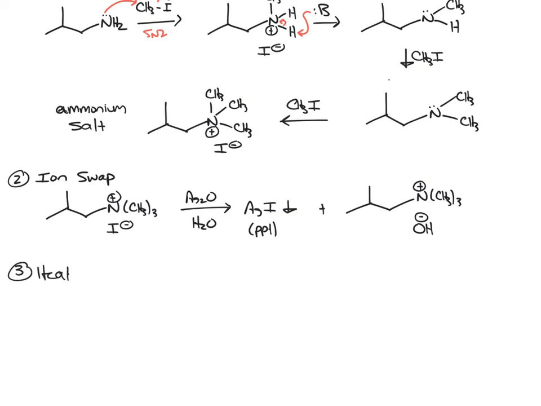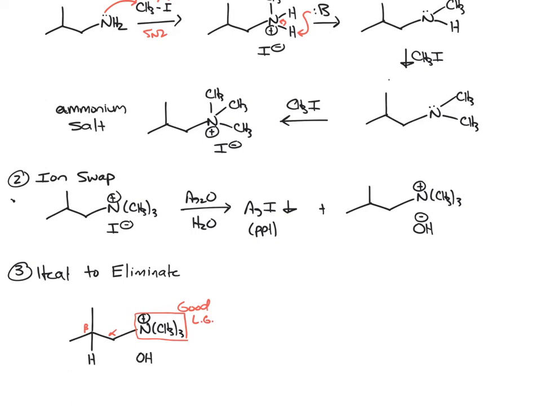And by heating, we eliminate. Okay, I'm going to go ahead and draw back in our beta hydrogen. But what you should notice is that we have this positively charged nitrogen species, which is, unlike a neutral nitrogen, a good leaving group.